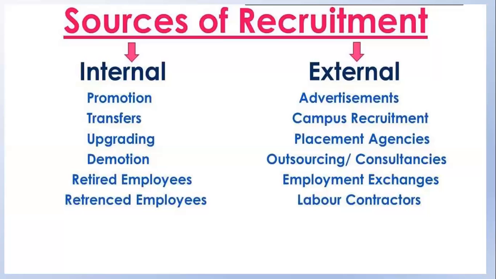The sources of recruitment are basically classified into two types, internal and external. Internal source means they look at the personnel within their organization, right? Within their organization, they look for a candidate who can rightly fit into that particular job, either by giving him promotion, or by transferring from some other location, or by upgrading the person to a higher grade, like this.